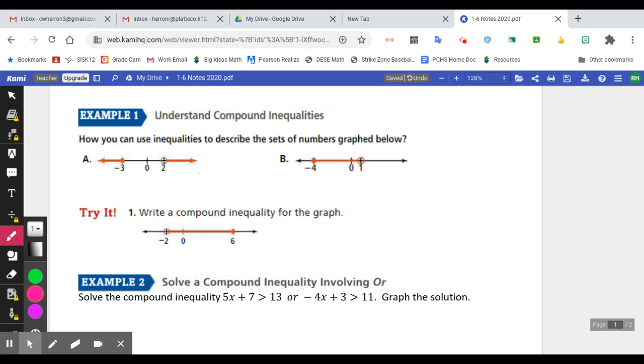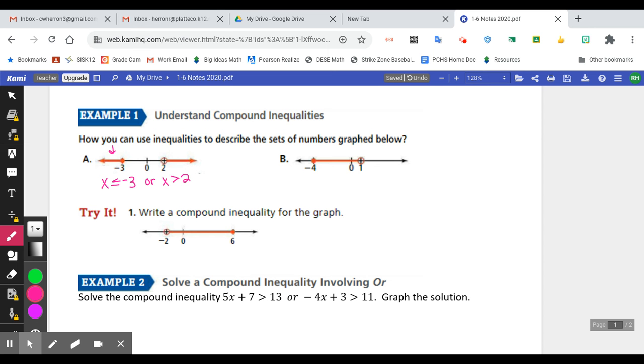So this first set, for example, 1 says, how can you use inequalities to describe the sets of numbers graphed below? So this one is saying that you need to have some number that is less than or equal to -3. Or you could have some number that is greater than 2. Now, I put the or there because it has both sides colored in.